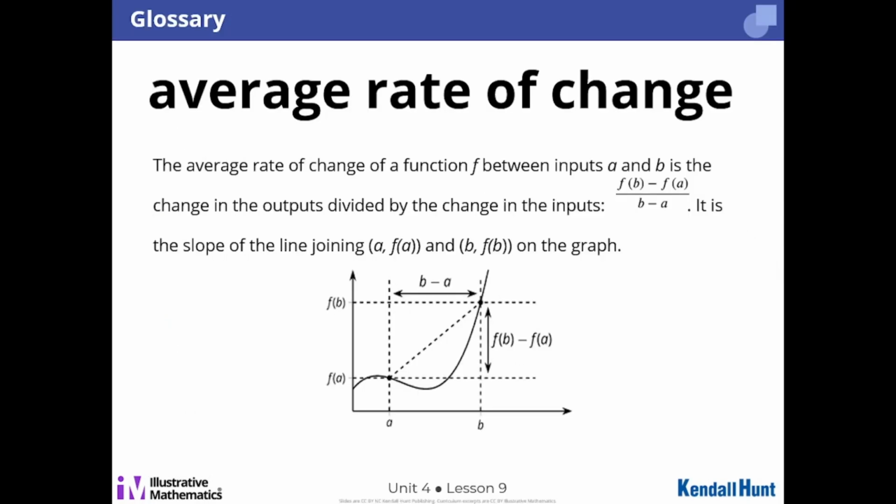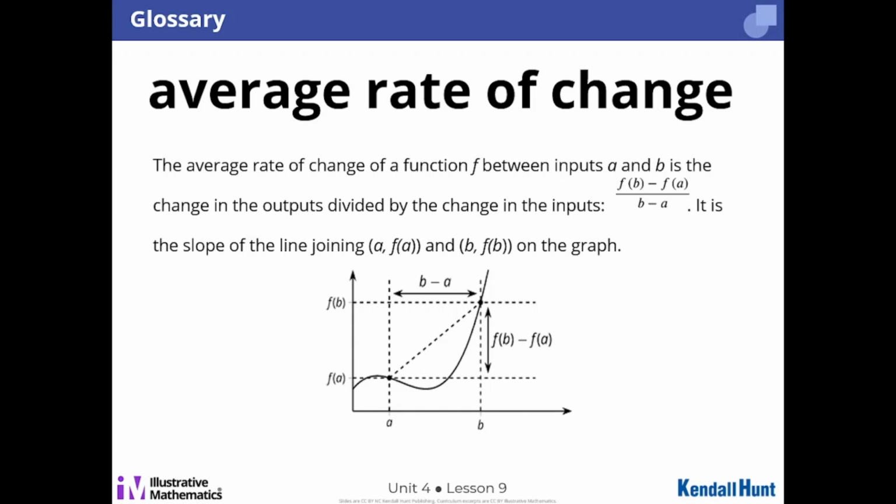Our first glossary term is average rate of change. Remember that average rate of change simply means your slope. It is how much you're changing in the y direction divided by how much you are changing in the x direction.